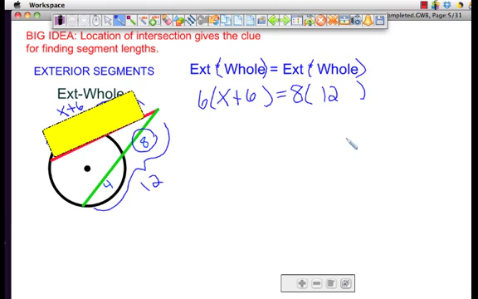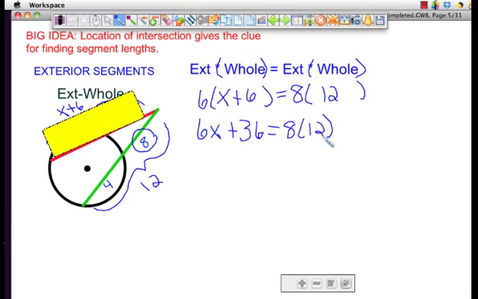All you have to do is solve it. But remember, it's the outside piece times the whole green piece. And that's the trick to remember. Distribute 6 times x plus 6 times 6. That makes 36 equals 8 times 12. You can actually go ahead and multiply that. I'll do that to save time right here.